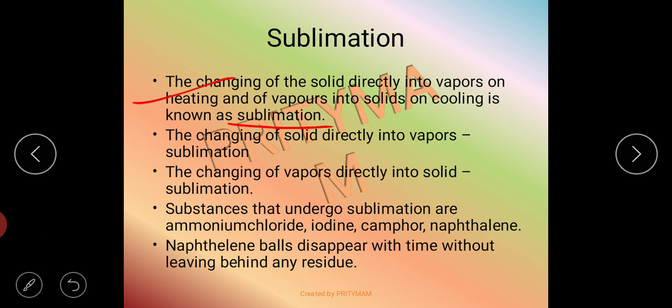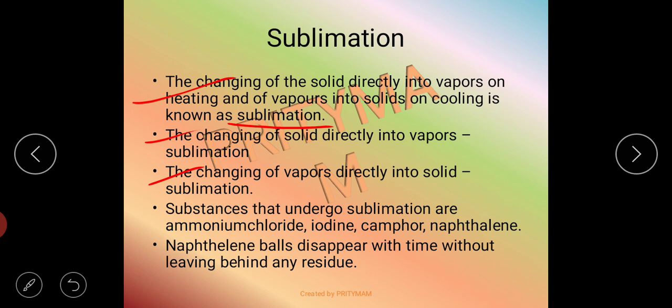So what did we observe? We noted that the changing of solid directly into vapors is called sublimation, and the changing of vapors directly into solid is also called sublimation.